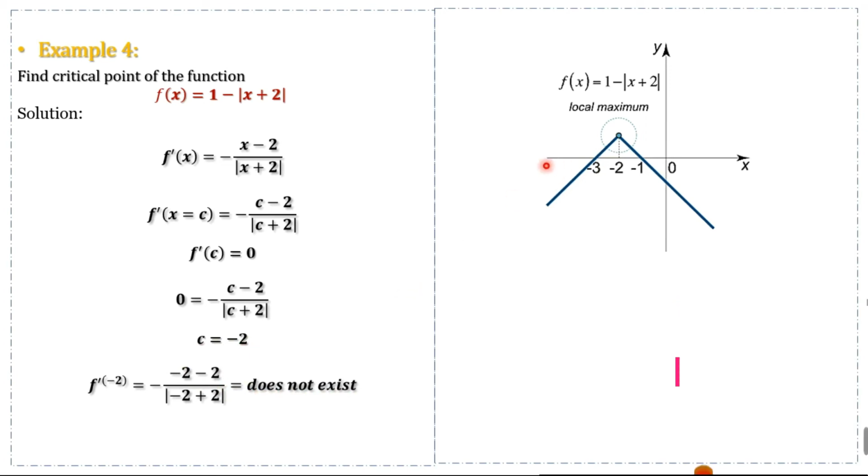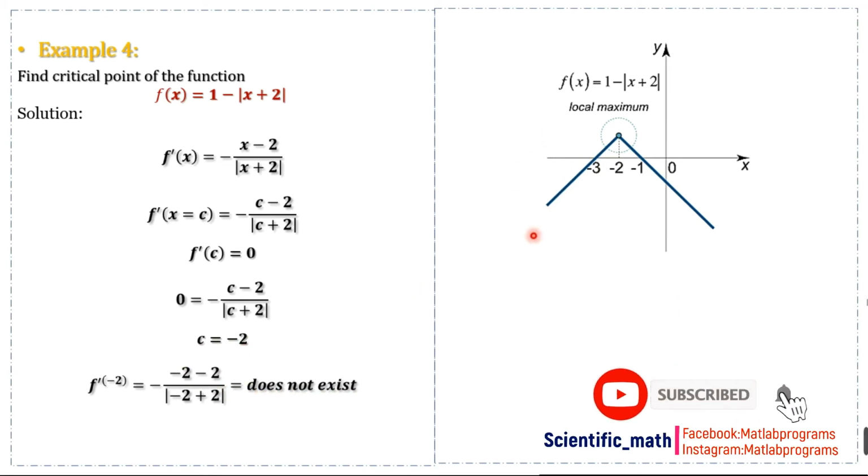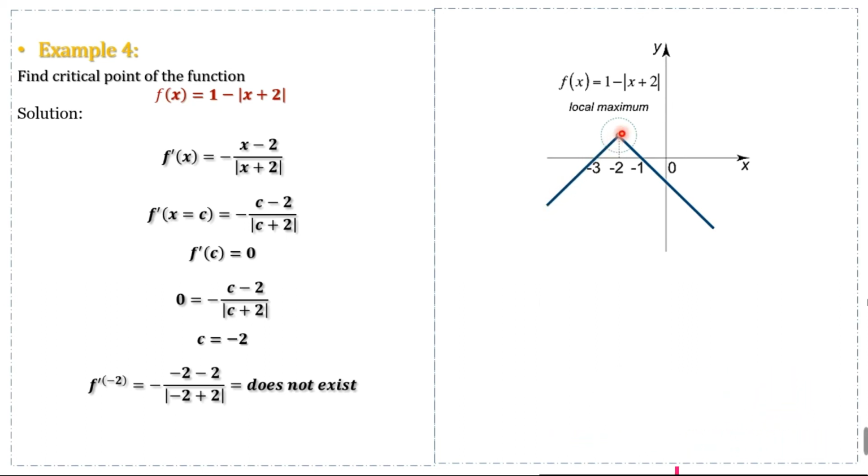Okay, and this is the graph of this function, and we can see first the function is increasing, and after that point c is equal to minus 2 the function is decreasing, and so this is our local maximum point, because first the function is increasing and then the function is decreasing.